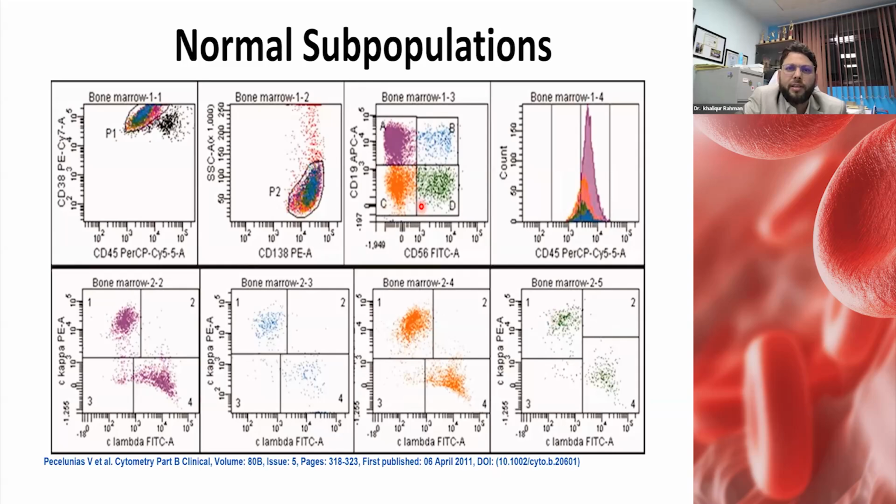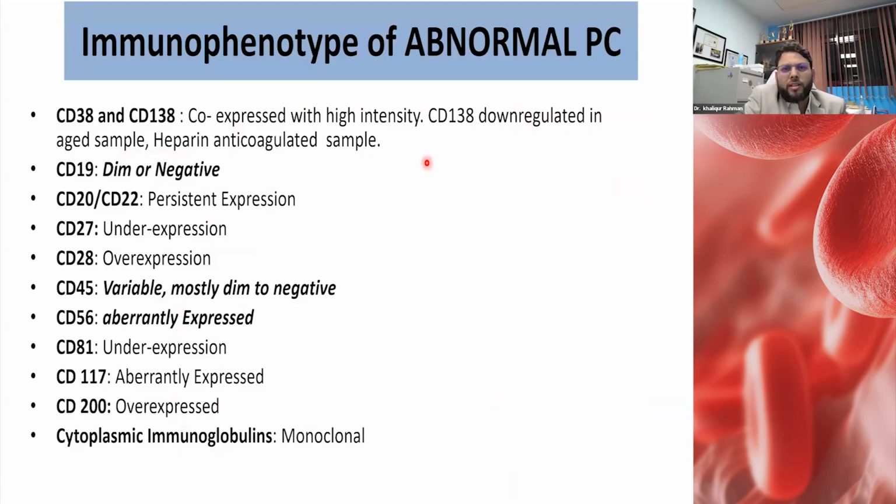So these are different subsets, subpopulations, but not the neoplastic one. So what is the immunophenotype of abnormal plasma cells? I told you earlier: 19 dim or negative, 56 aberrantly expressed, 117 aberrantly expressed, loss of CD81, 27, overexpression of 200, and immunoglobulins being monoclonal. These are the features of abnormal plasma cells.